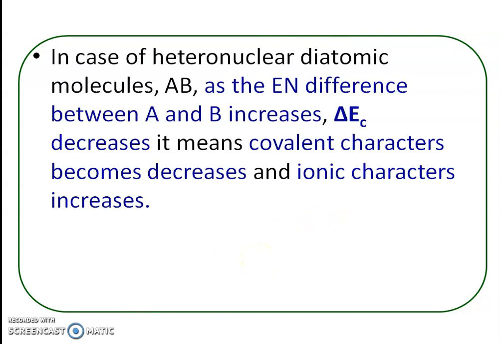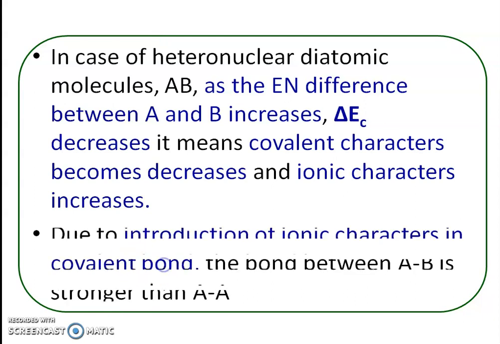So unequal distribution of the electronic cloud means what? There is a separation of electronic charge, not complete separation, but one nucleus has more electronic cloud, surrounded by more electrons, whereas the other nucleus, especially the nucleus of the less electronegative atom, is surrounded by comparatively fewer electrons, and this is the indication of introduction of ionic character in the covalent bond.